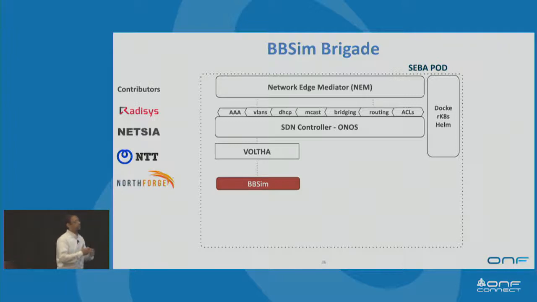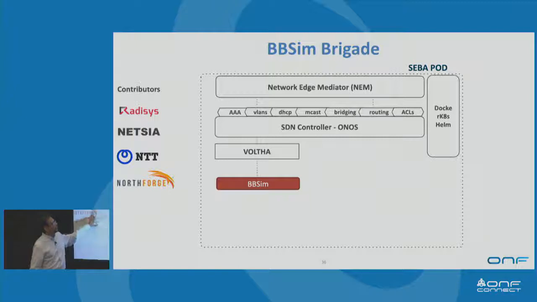So the idea is, if you were to try and reproduce that scale with physical OLTs and physical ONUs, we just don't have it, right? So this is a simulator that's supposed to simulate the PON working with Volta and the software stack just like it was a physical OLT, okay? Now, note that in SEBA, the data plane traffic goes through hardware, okay?